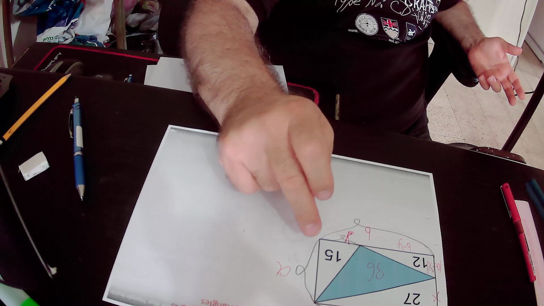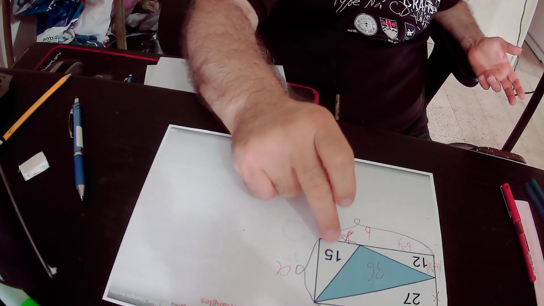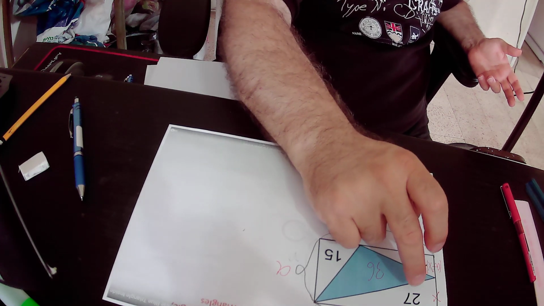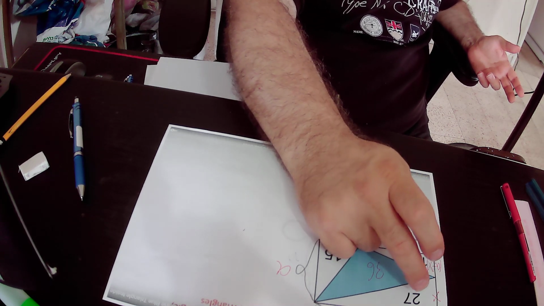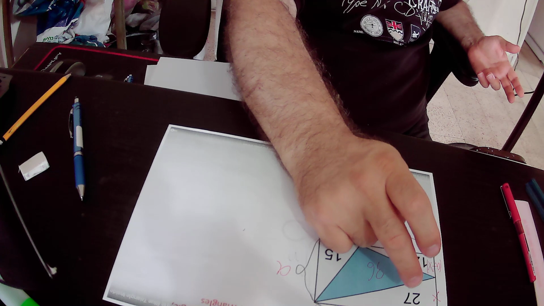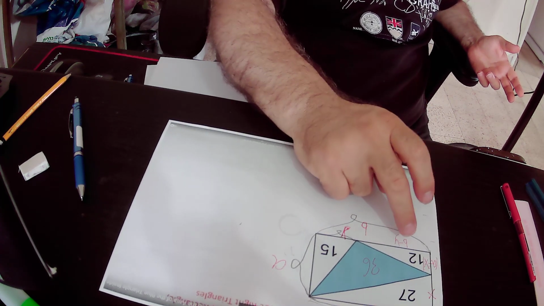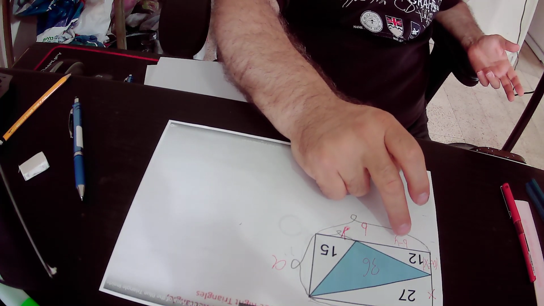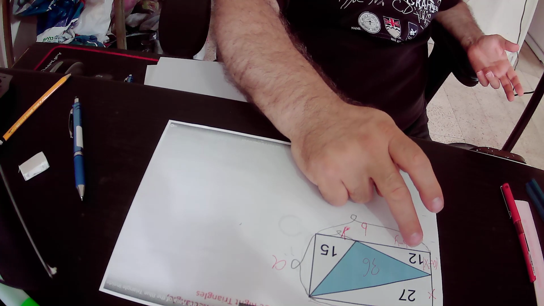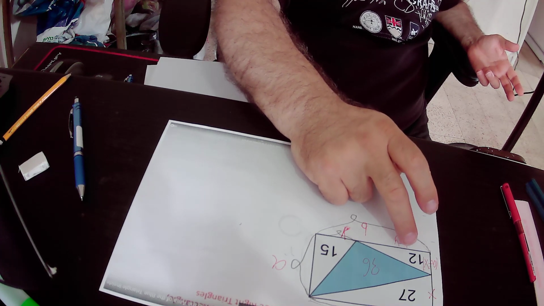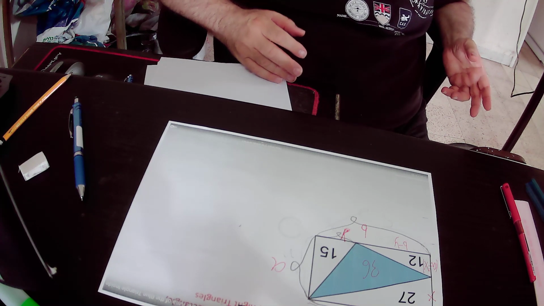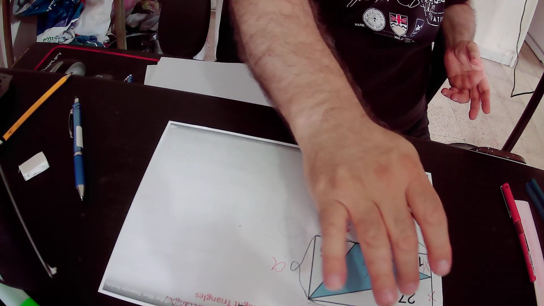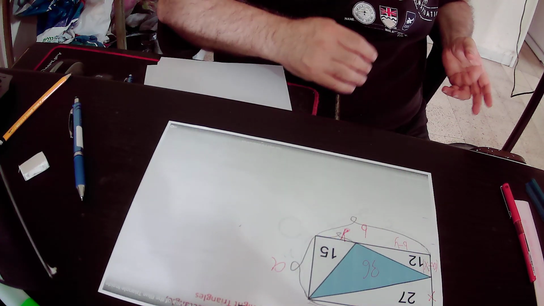So it is y times a divided by 2 equals 15. The area of this right triangle is in the same way b times x divided by 2 equals 27, and the area of this right triangle is (b minus y) times (a minus x) divided by 2 equals 12.